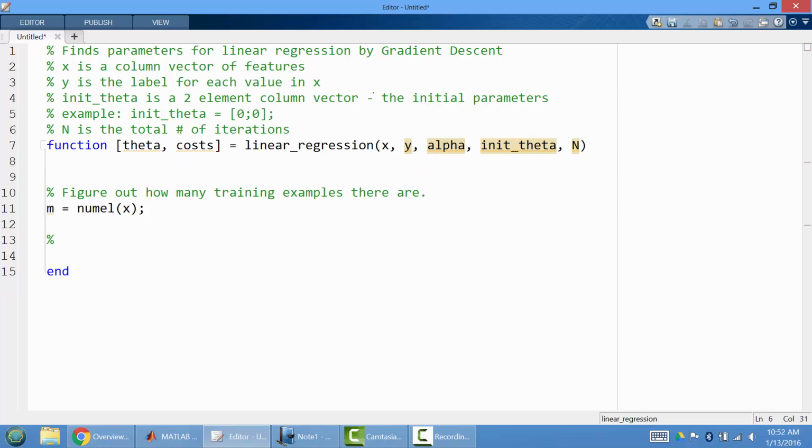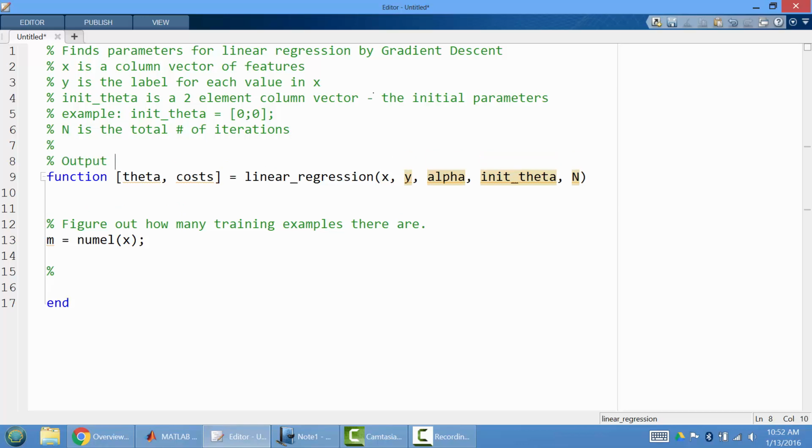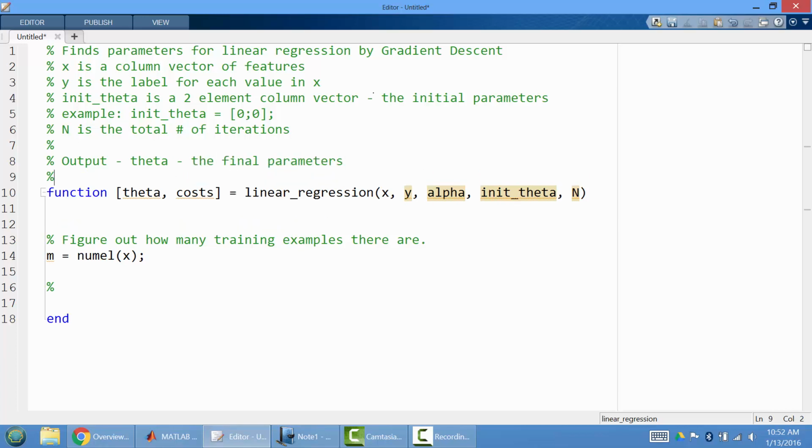The output is theta, the final parameters, and costs, an array of costs for each iteration.